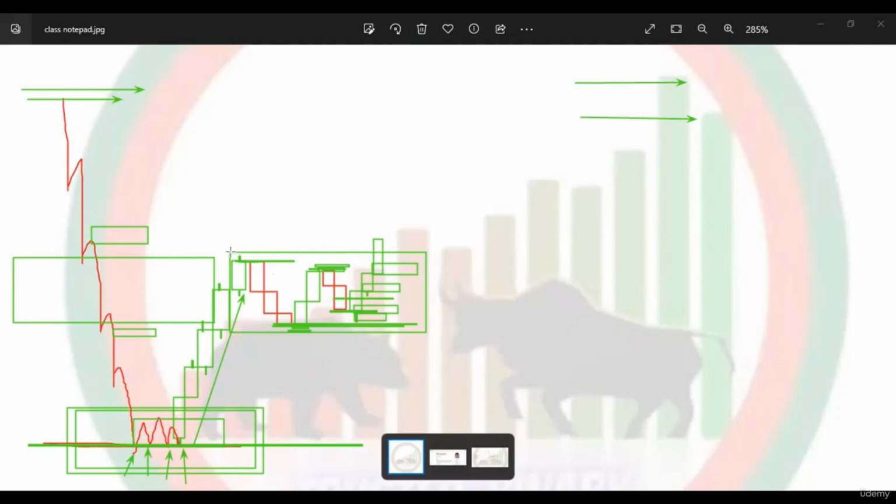When the market creates that type of situation with POC here, below any resistance level, we can place our trade in the upward direction. If there is a resistance level here, after this candlestick, when the market comes here for rejection, we can place our trade exactly below this level or exactly at this point to the upward direction.